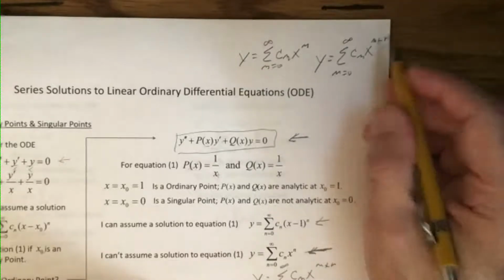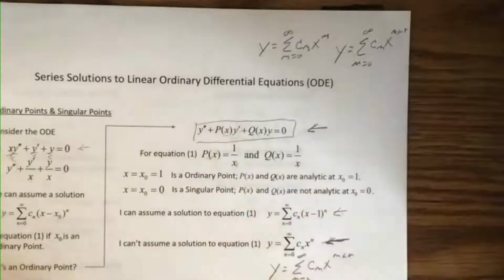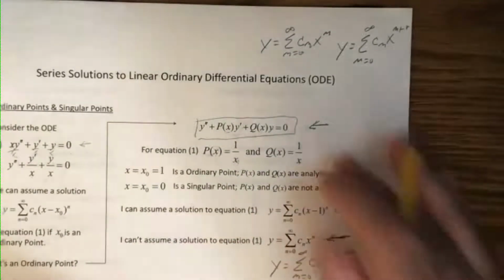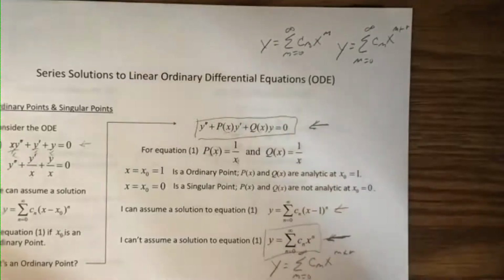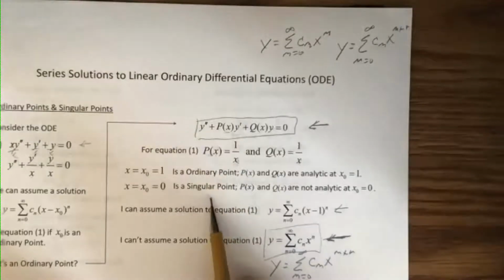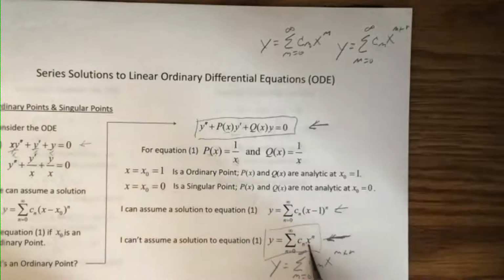We'll get more into this. So I can't assume a solution of this form to this differential equation, because 0 is not an ordinary point. I have to have ordinary points to assume this solution.